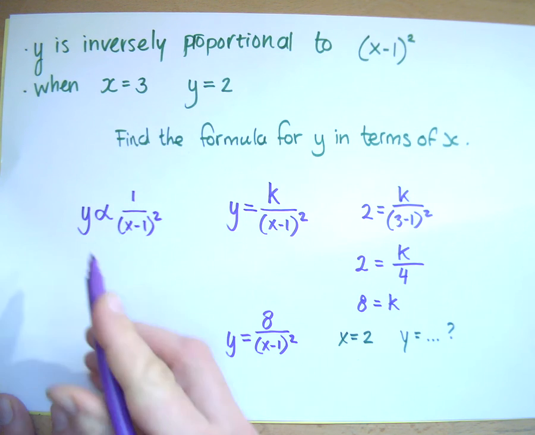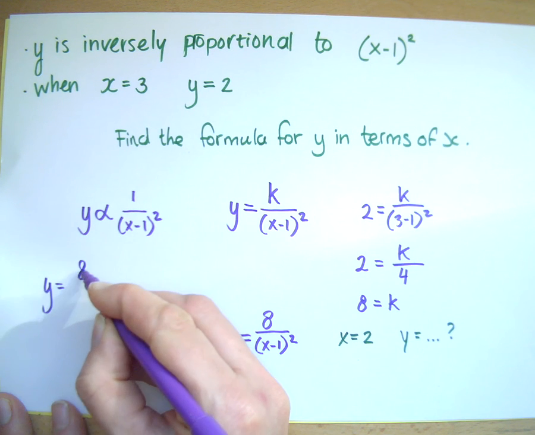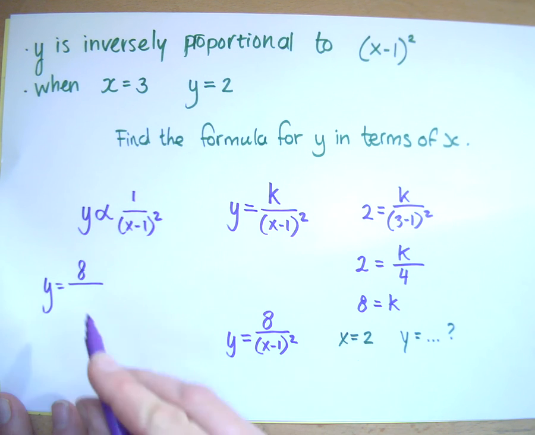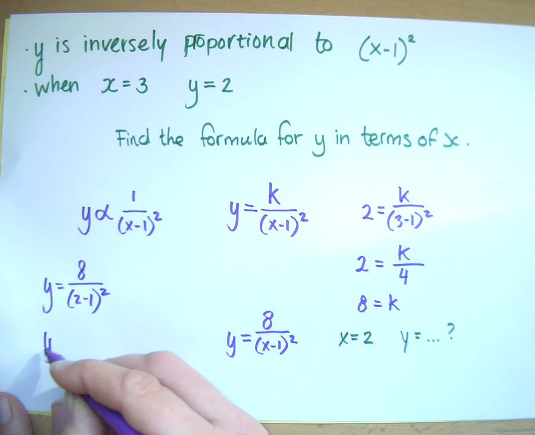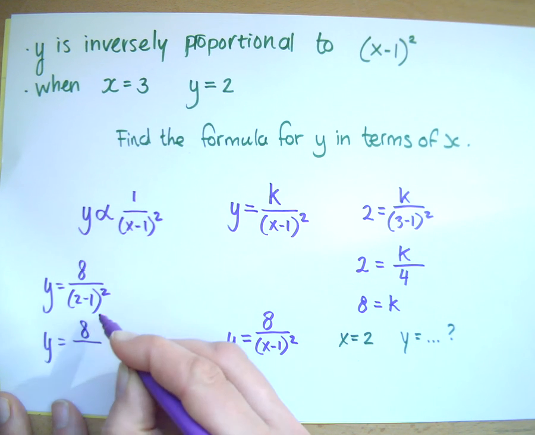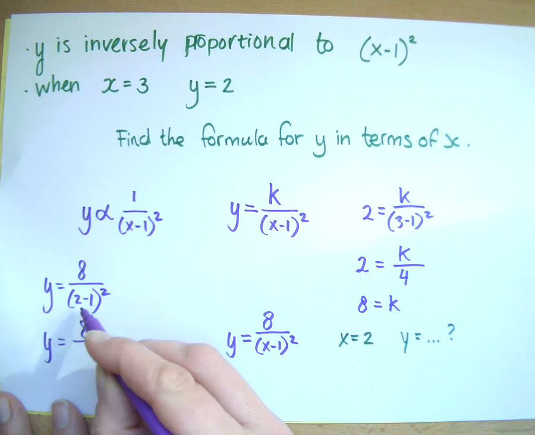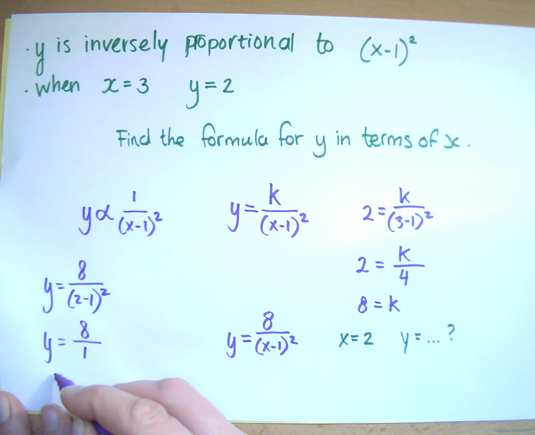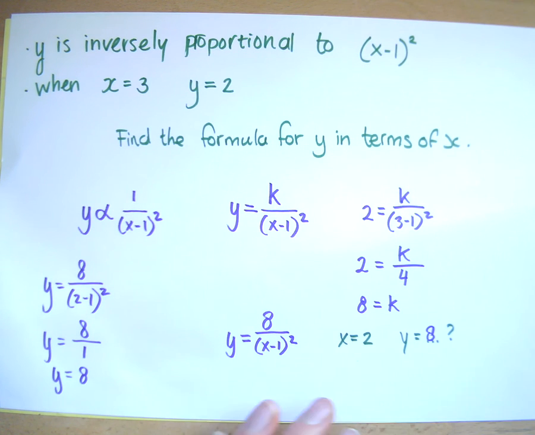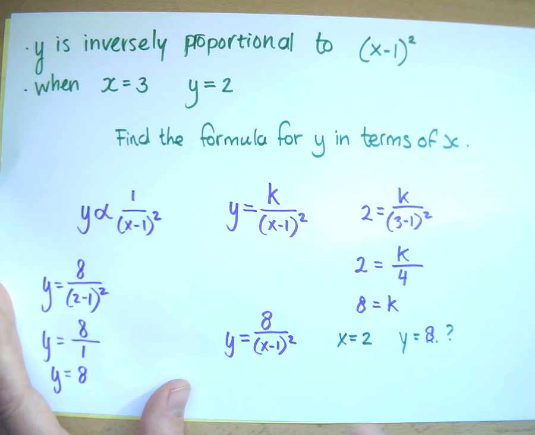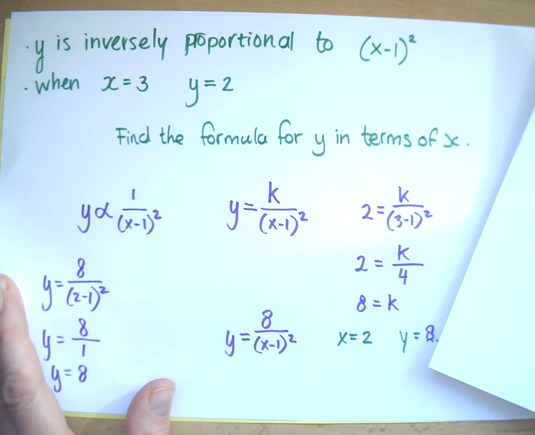We plug in 2 for x. y equals 8 divided by 2 minus 1 squared. So what does y equal? y equals 8 divided by 1 squared. What is 1 squared? 1 times 1 is 1. So y equals 8. There you go. And using this general formula, you could find any x value when given a y value or any y value given an x value.